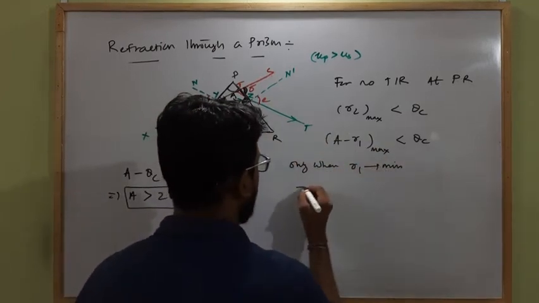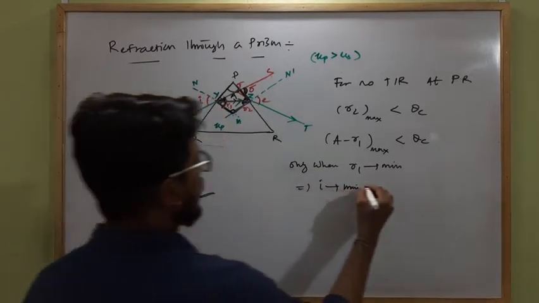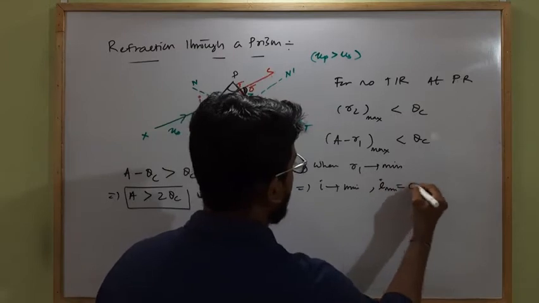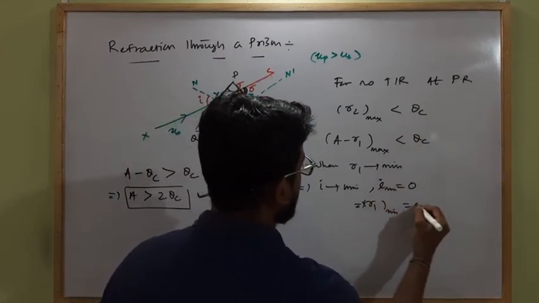So R1 is minimum, this implies I is minimum. So when I will be minimum, what is the value of I? I minimum equal to 0. So this implies R1 minimum is also equal to 0.